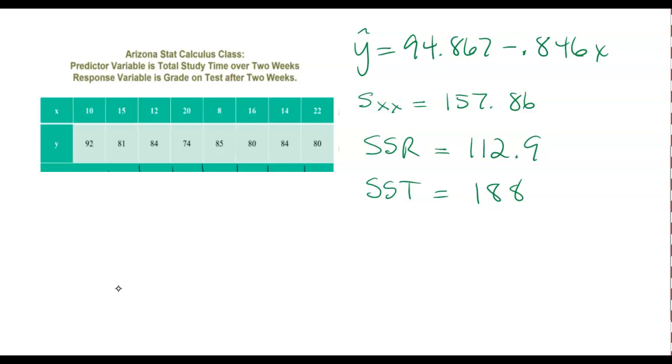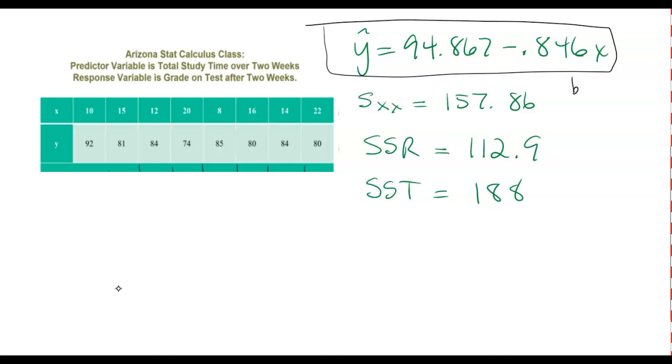If you recall in the chapter 14 videos, we found our regression equation to be y hat equals 94.867 minus 0.846x, which tells us the y-intercept from that sample is 94.867, and the slope from our sample regression line is negative 0.846.